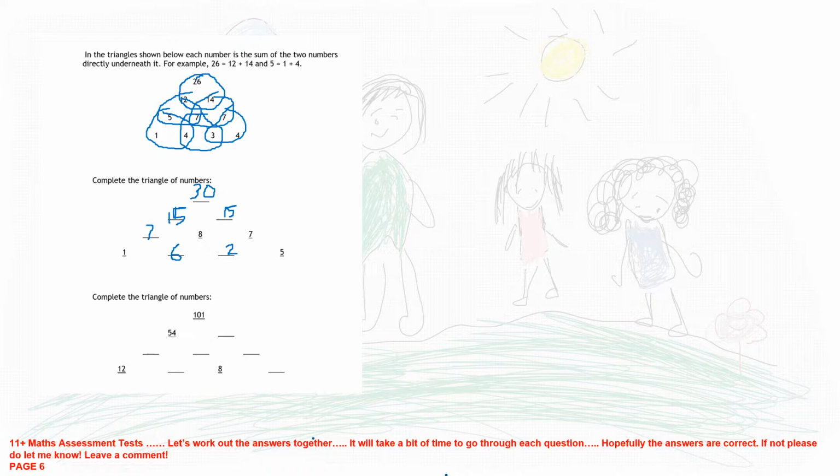Next one is a little bit complicated. Complete the triangle of numbers, because they have left this third row blank, and they have also left the last row. There are two blanks, so we really don't know, and it could be any number. Of course, below 54.